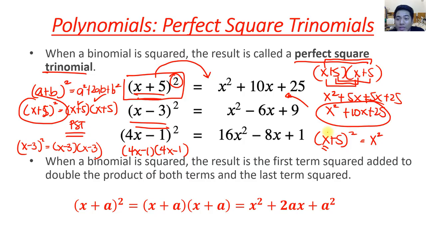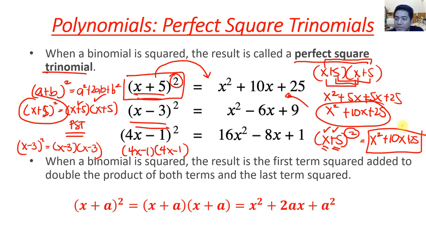solved by multiplying all of the terms. So you have x times 5, that is 5x, and then multiply by 2, multiply it by 2, not raised, multiply it by 2, 5x times 2, that would be positive 10x. And for the last term, you just square the last term. So 5 squared would be 25.